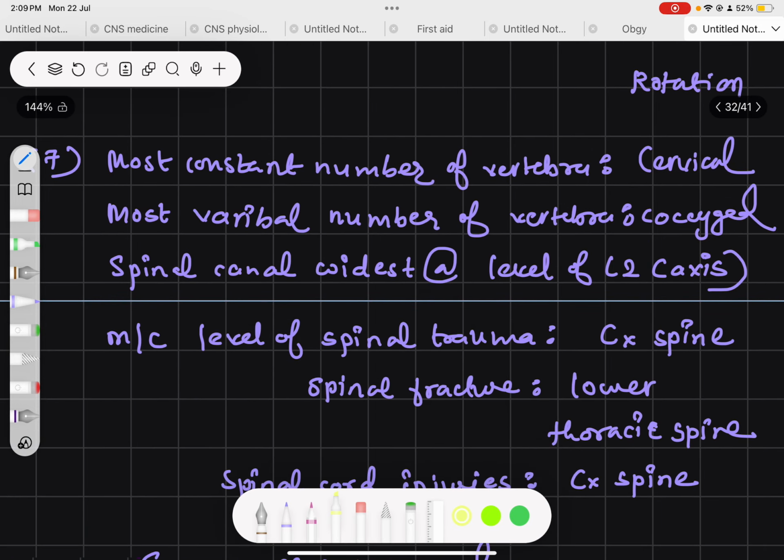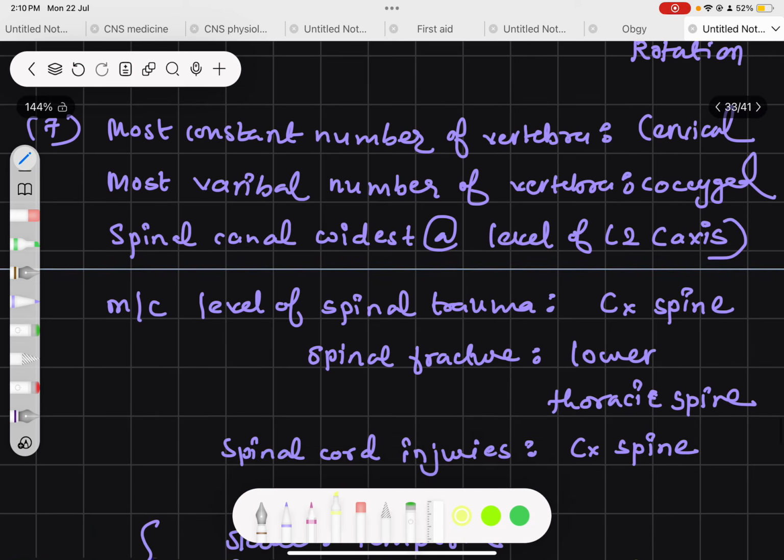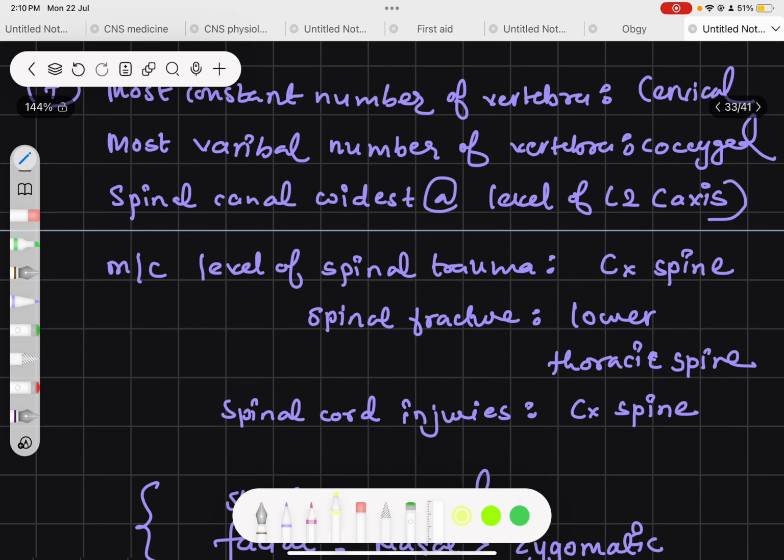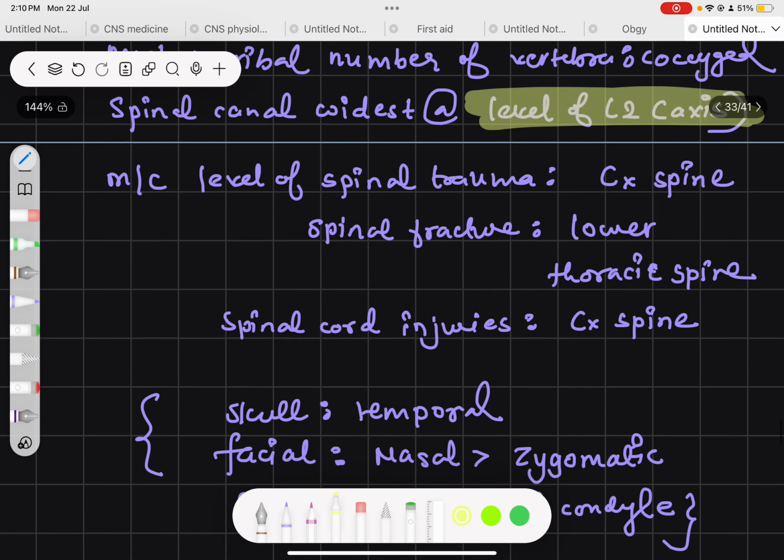Okay, now there are some facts about the anatomy. The most constant number of vertebrae is in the cervical region, that is 7, and the most variable number of vertebrae is in the coccygeal region, and the spinal canal is widest at the level of C2, that is the axis.